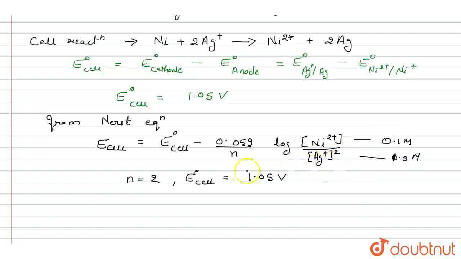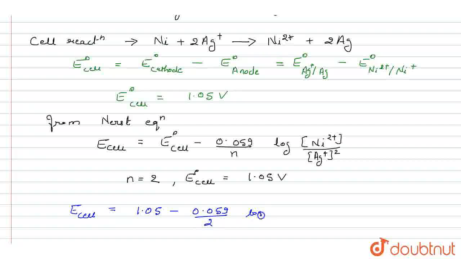Now substituting these values in the formula, E cell equals 1.05 minus 0.059 divided by 2 log of 0.1 divided by 1 whole square.